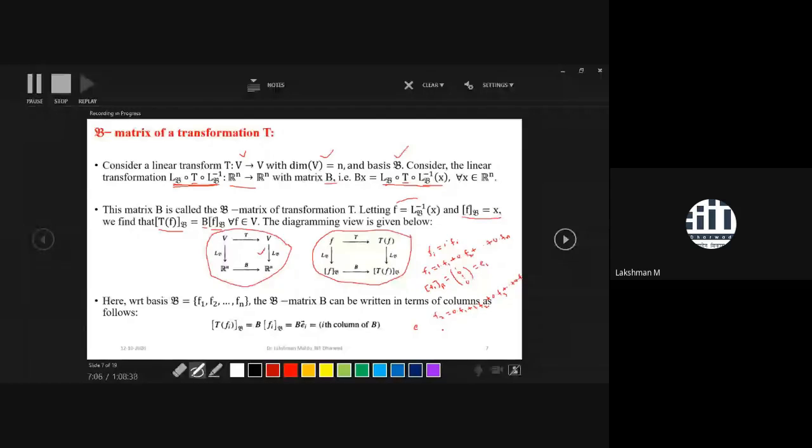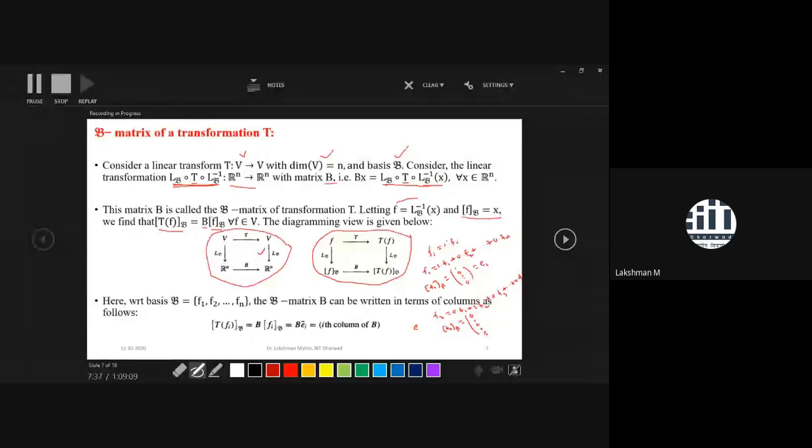So what would be the coordinate vector of f2 with respect to basis beta? The first coordinate would be 0, the second coordinate would be 1, the third coordinate 0, and likewise the nth coordinate would be 0.